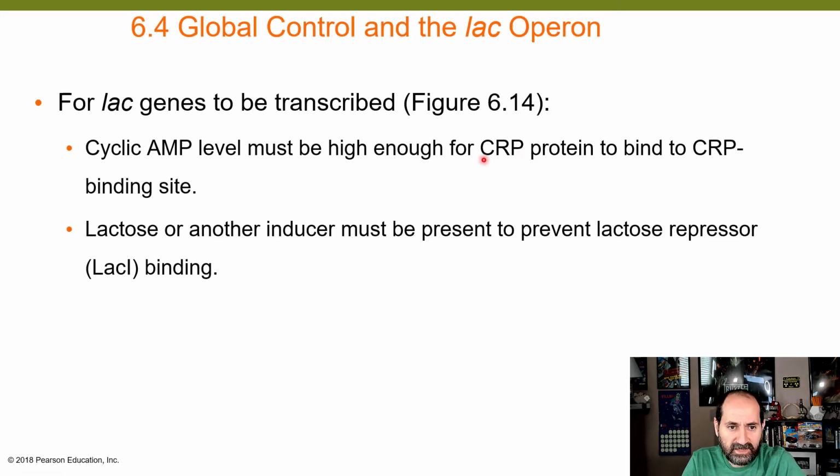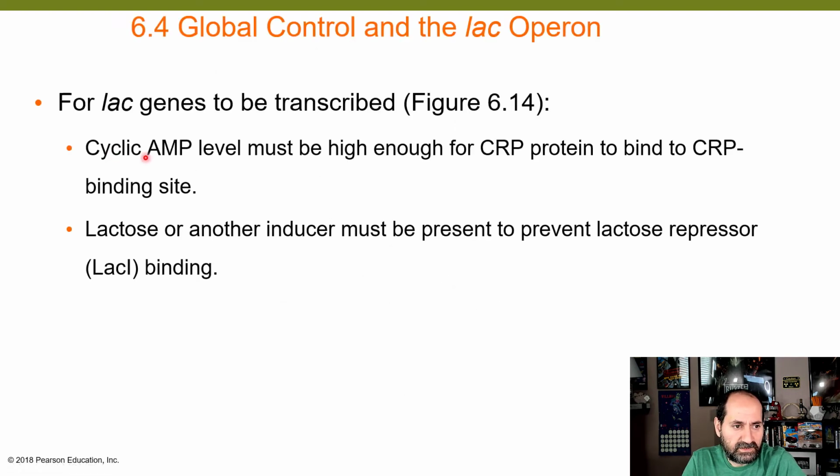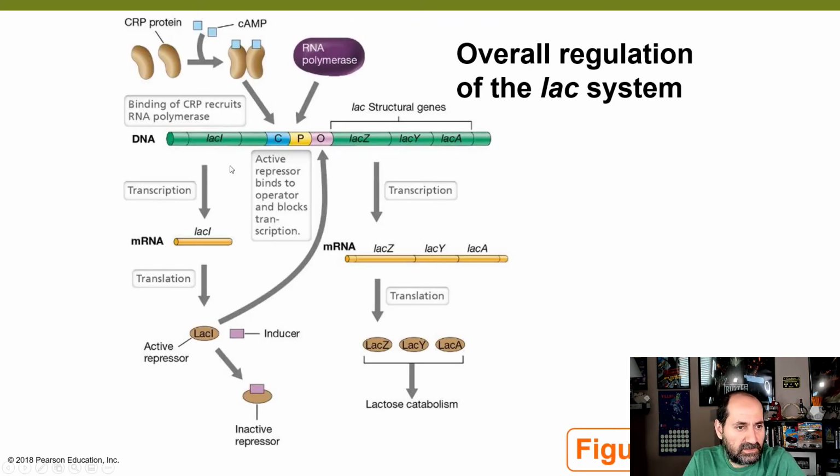The cAMP receptor protein. When the cyclic AMP level gets high enough, it binds to the cAMP receptor protein, then the CRP binds to the lactose operon. Let me show you how that works in the next slide. So you've got your CRP protein. When it binds to cAMP, cyclic AMP, it can dimerize and activate.